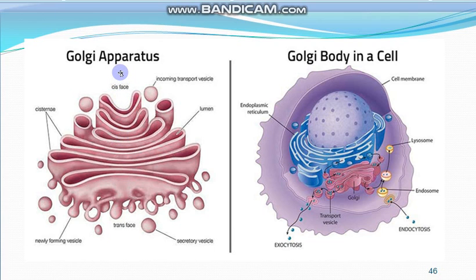This one is known as the cis phase, and this one is known as the trans phase. So these are the two phases of the Golgi complex. Trans phase is the maturing phase, and the cis phase is the forming phase. So this is the structure of the Golgi complex.